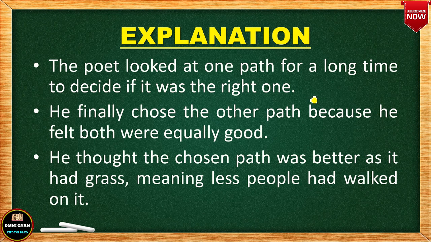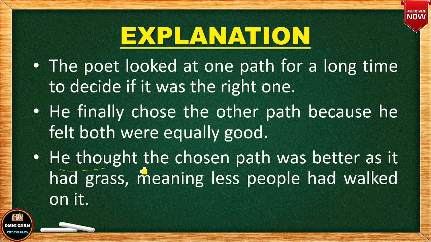All the streams are unique in their own places, but which is better or good for you, that you must decide. So the poet finally chooses the other path. Okay, the path that he thinks is good for himself, the path that he thinks will secure his future. Okay, so the poet decides to travel on the second road.